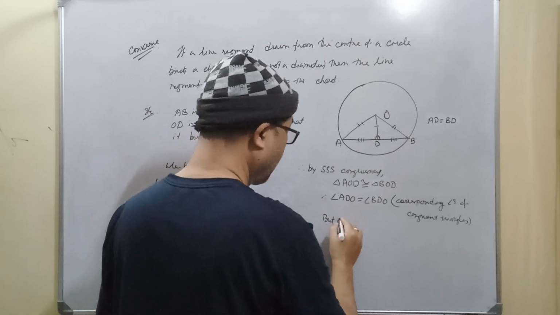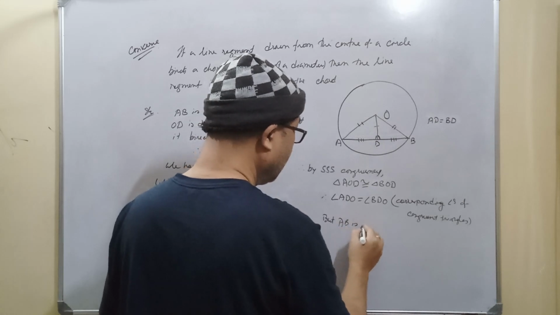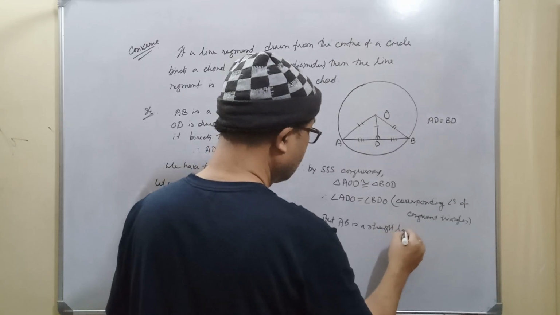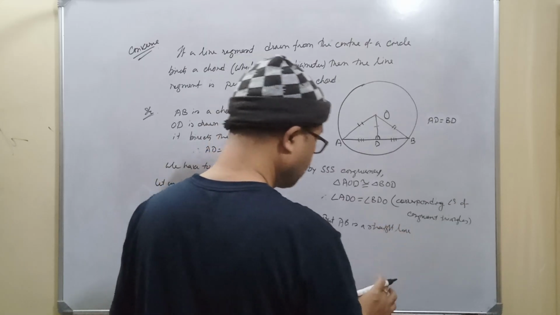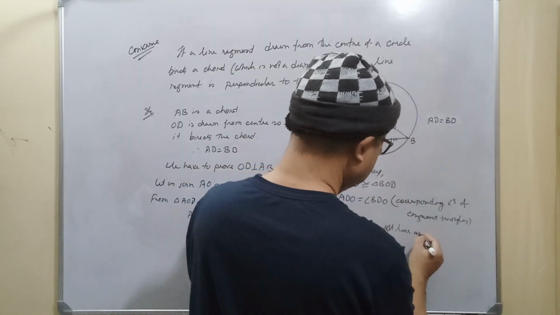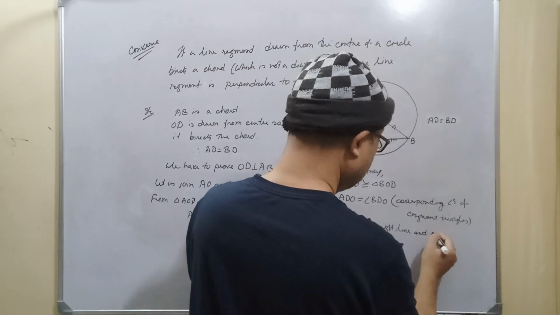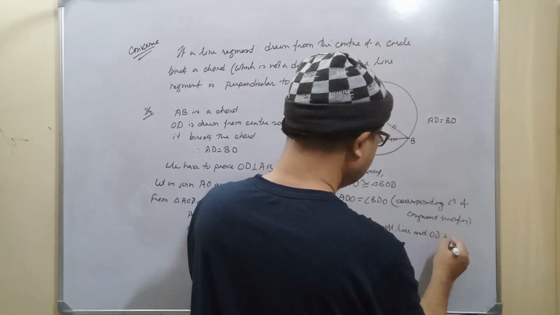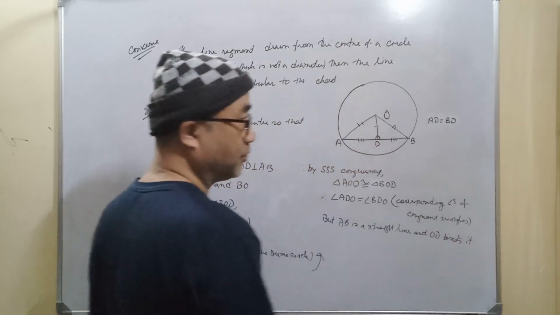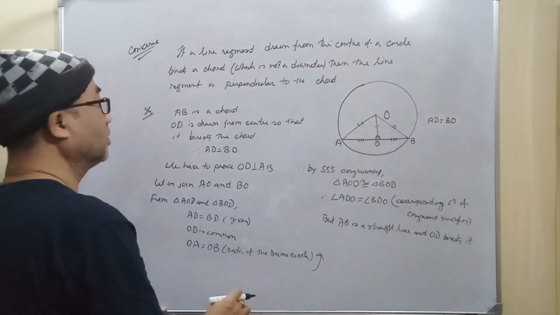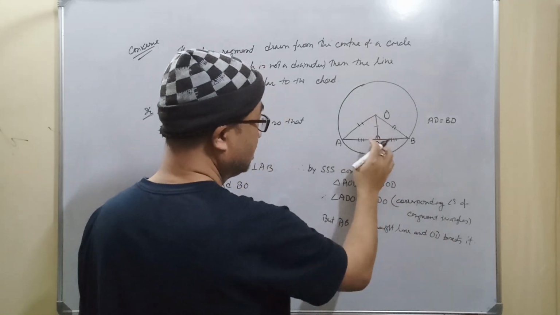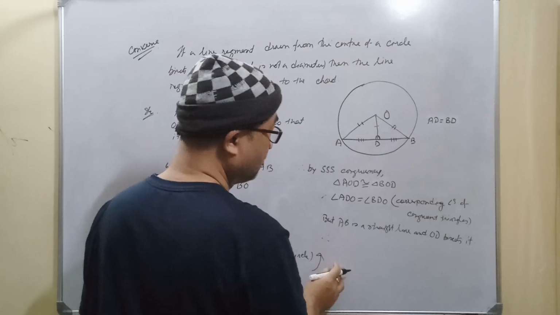But AB is a straight line. Right? AB is a straight line. And OD bisects it. So OD bisects it. So what does that mean?